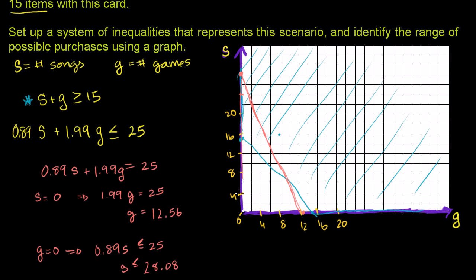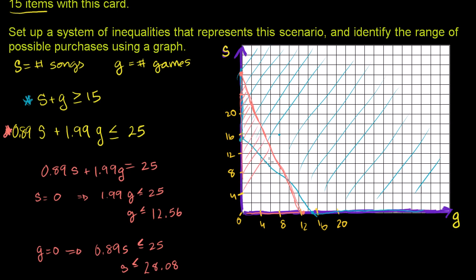When s is 0, I used the equation just to plot the graph, but if we actually care about the actual inequality, 199g is less than 25. G would be less than or equal to 12.56. So the area that satisfies this second constraint is everything below this graph.